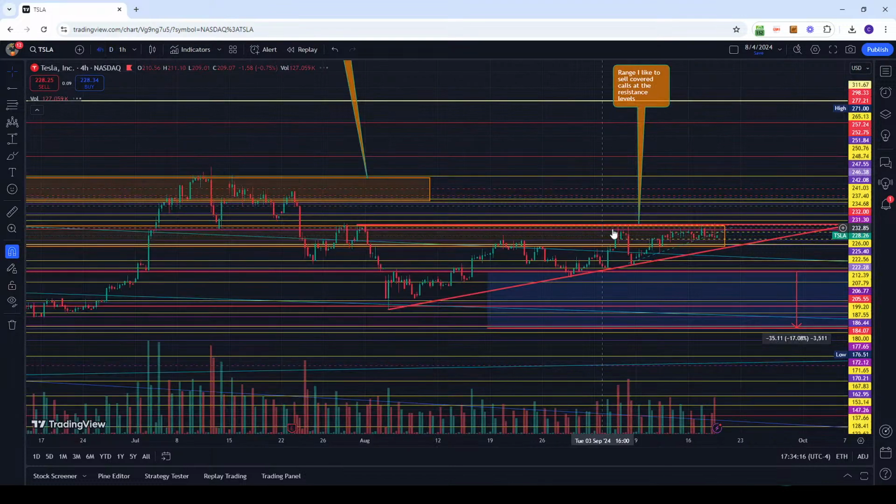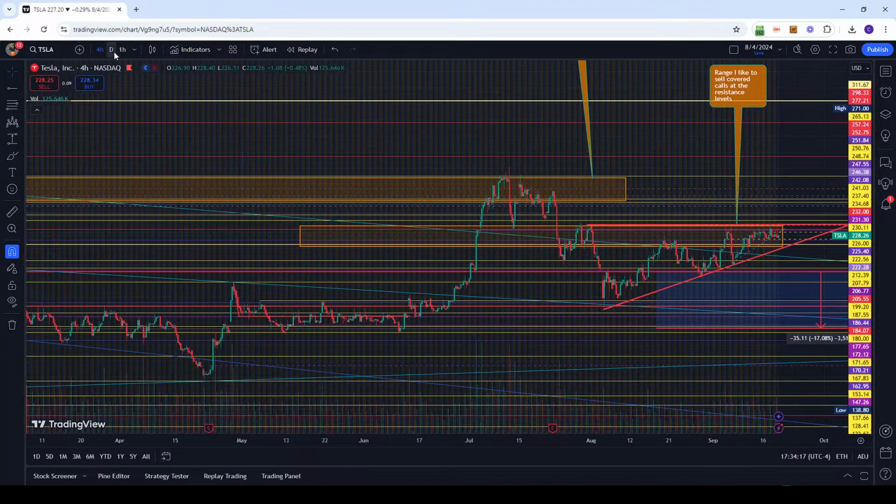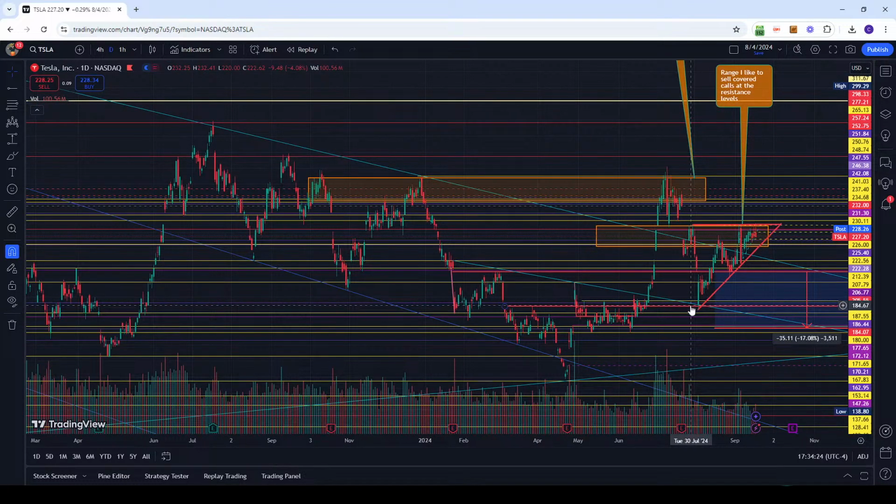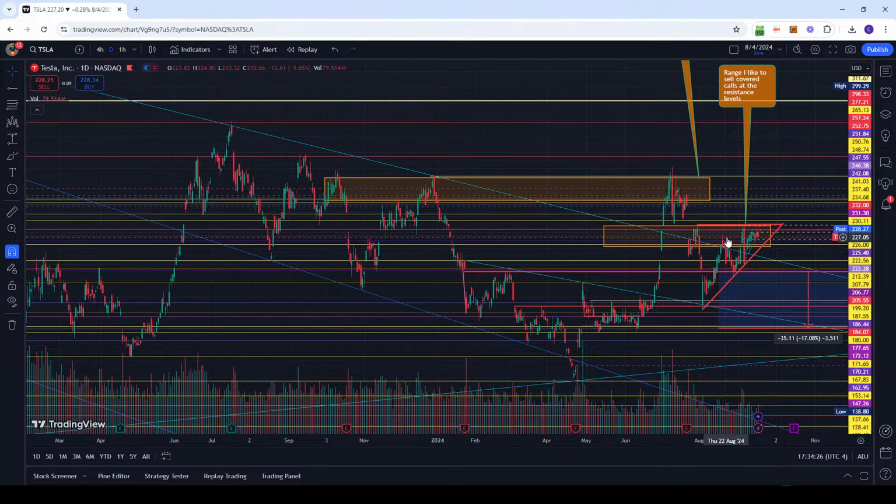So what you've got going on here with Tesla is same thing we typically see, and I watch the whale flows for it consistently, because I'm also selling covered calls against my long-term shareholdings. I like to sell covered calls in this range because it's a significant supply range. Same thing here.